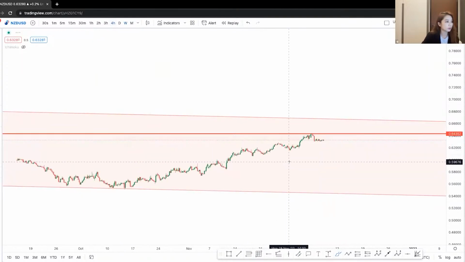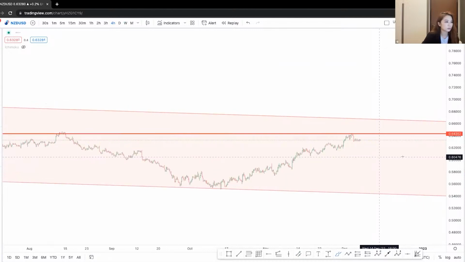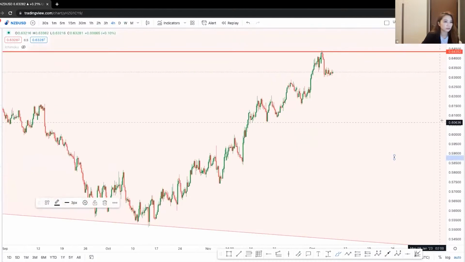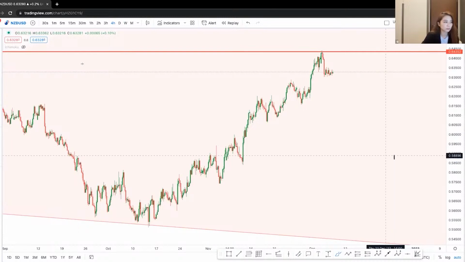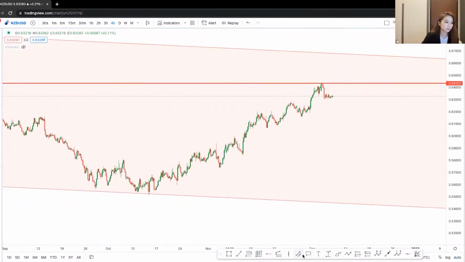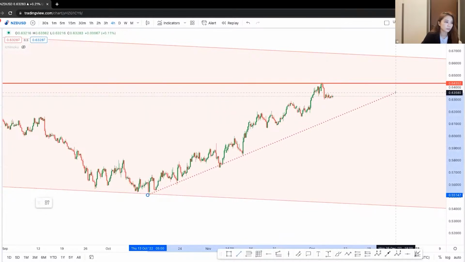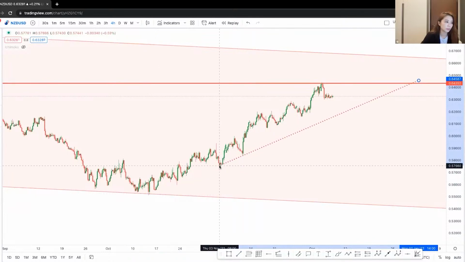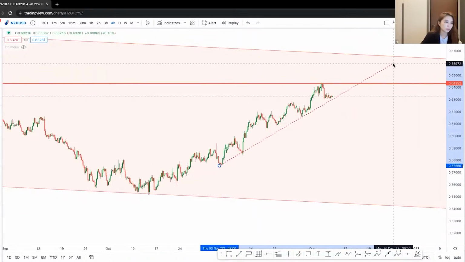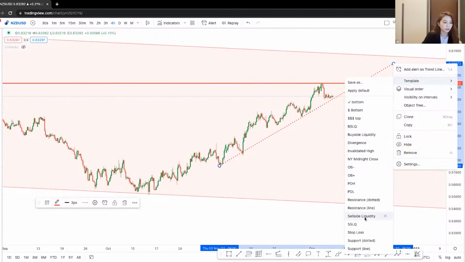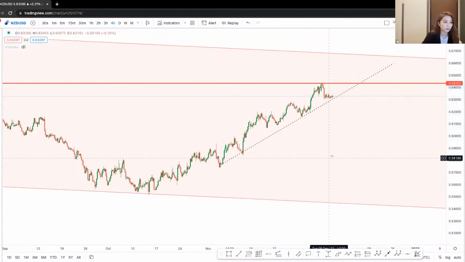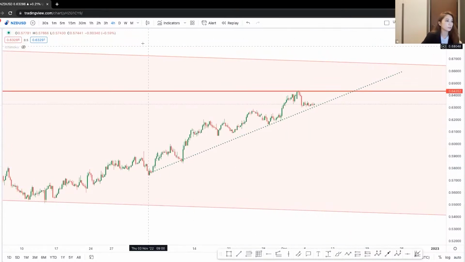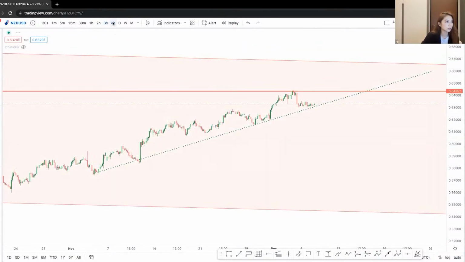Let's look at H4. Depending on how you want to draw, I would like to draw closer to current prices. This is what we are looking at, the upward trend on H4.